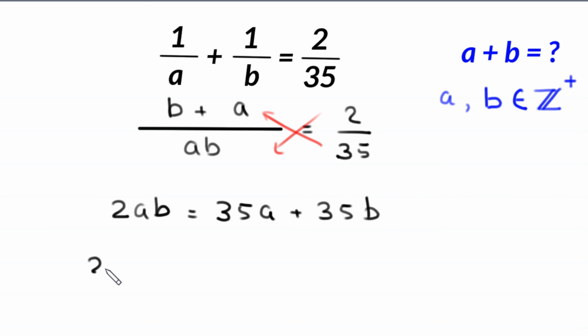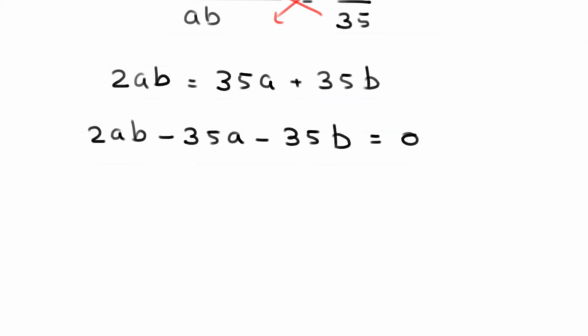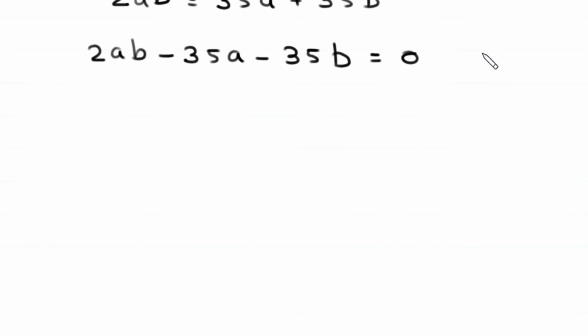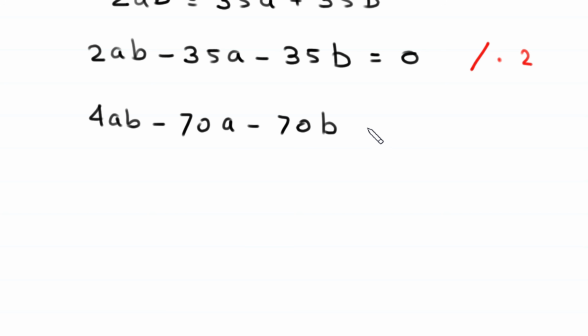This will become 2ab minus 35a minus 35b equal to 0. Now we multiply the whole equation by 2. So this will become 4ab minus 70a minus 70b equal to 0.